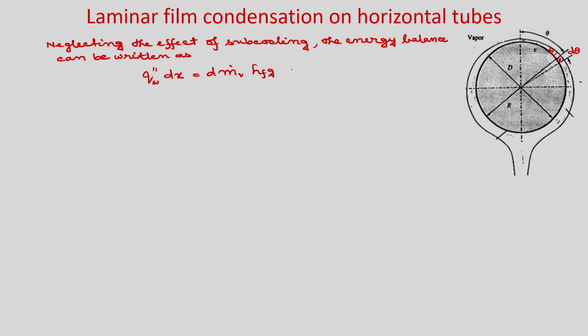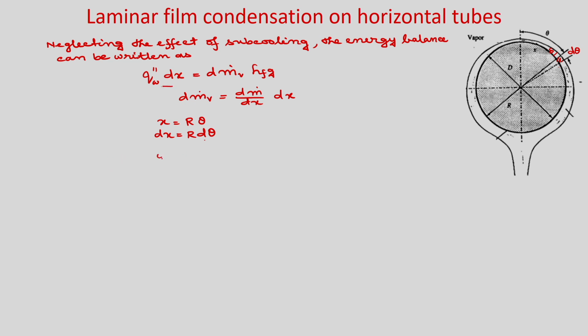The sensible heat part we are not adding here, we are neglecting it, and from the mass balance you can show that dm dot v will be just dm dot by dx into dx. Now you see that in this case x will be just r into theta, so dx is r into d theta. If dx is equal to r d theta, you put that in these expressions.